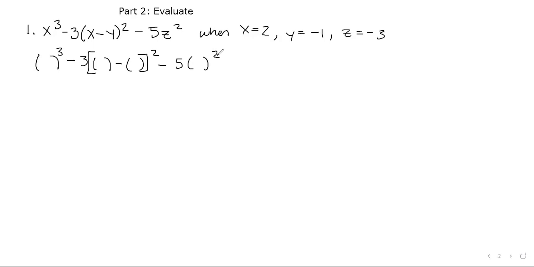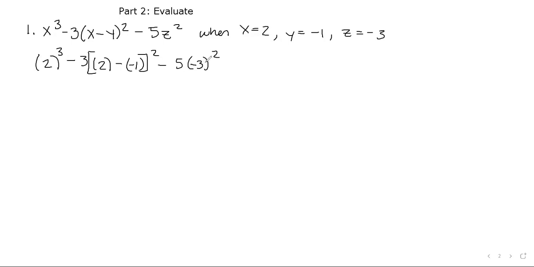So everywhere where I had an x in my original, I'm going to plug in the number 2. So it was an x here and an x here. Then my y is -1, so I'm going to plug a -1 in here. And my z is -3, so I'm going to plug in a -3 here, okay?